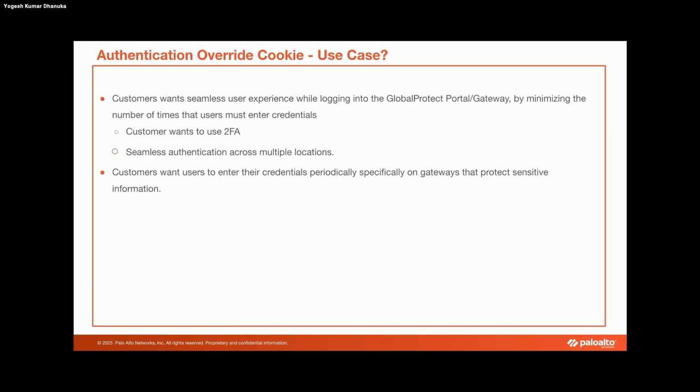In Prisma Access, your portals would be separate and your gateways would be separate, and gateway locations can be spread across the world. So let's say you're in Singapore and you're connecting to the Singapore location, and for whatever reason, let's say there are some government sites which allow only local in-country IPs, so you need to connect to India for some work, then you need to connect to, say, Australia or US gateways to access their specific websites.